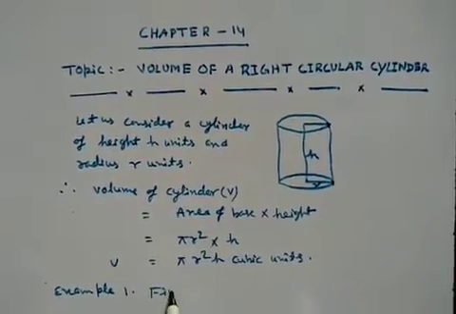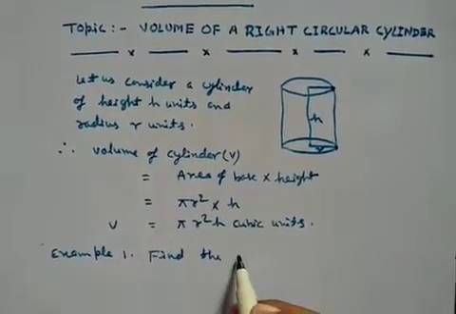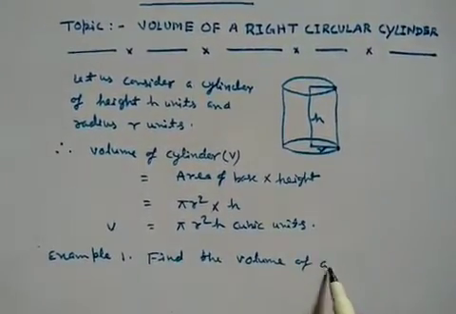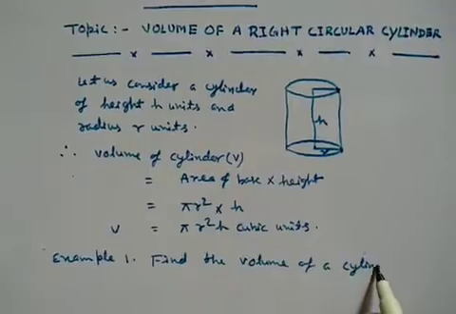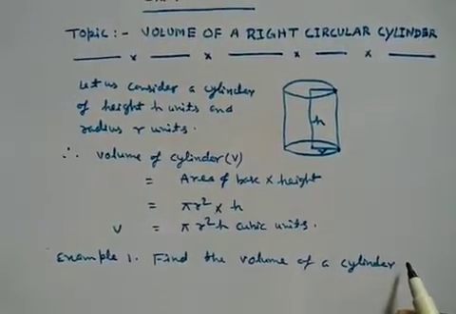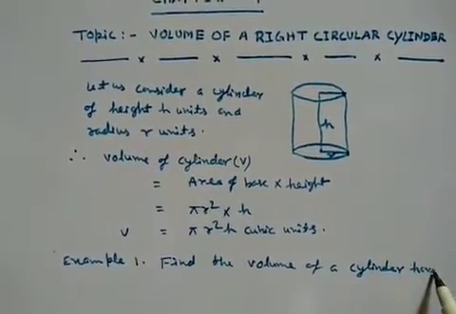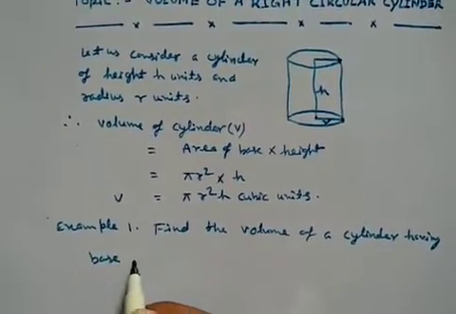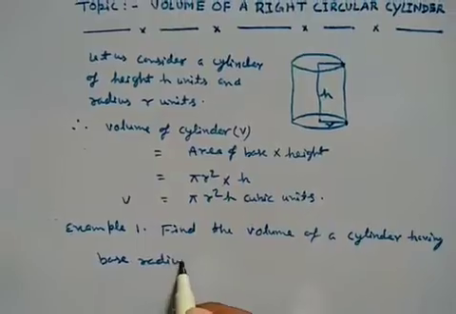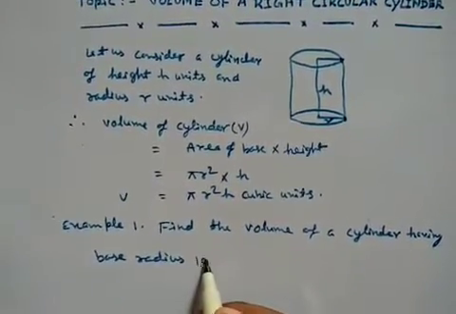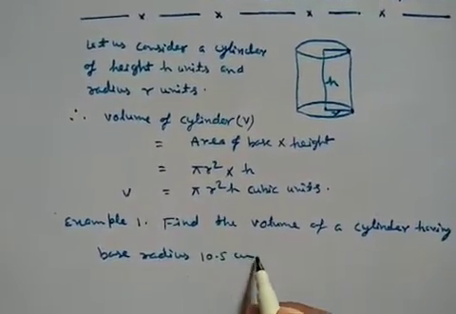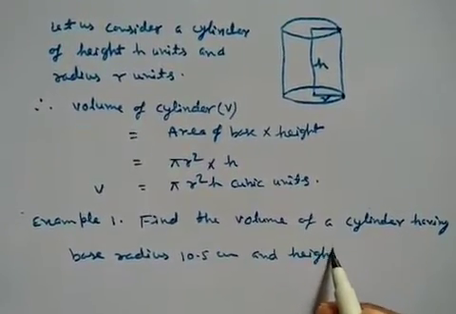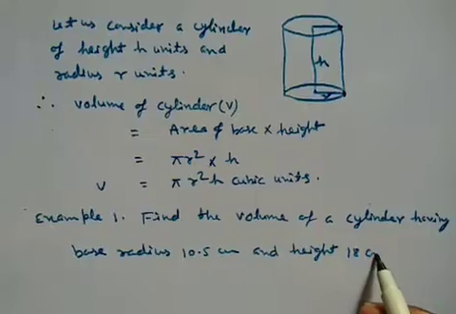Find the volume of a cylinder having base radius 10.5 centimeter and height 18 centimeter.